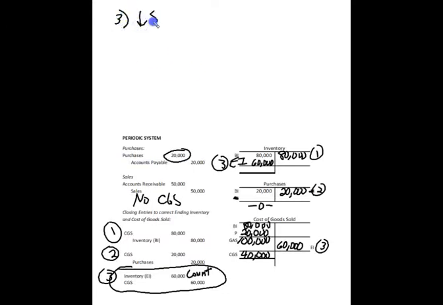We want to reverse our sales entry, take it out of sales, $12,800, and also take it out of accounts receivable. We would have had a sales entry for that. We don't have to make a journal entry for cost of goods sold because this is a periodic method, right? We don't record cost of goods sold at the time of the sale. We would have just done this, and so we're just reversing that out.